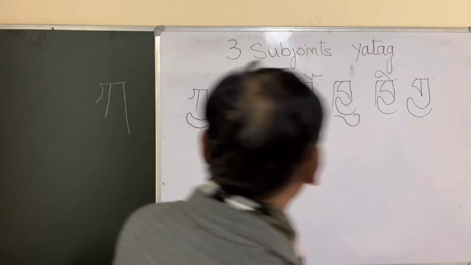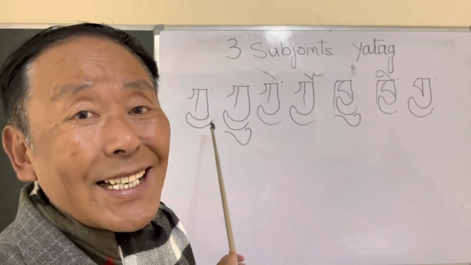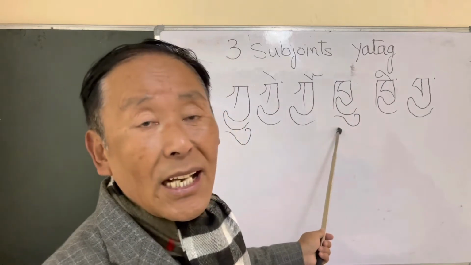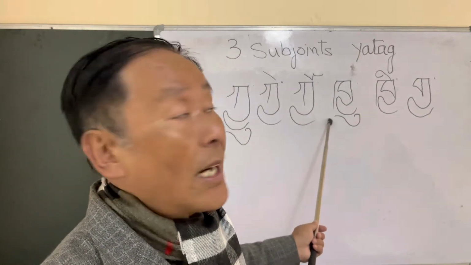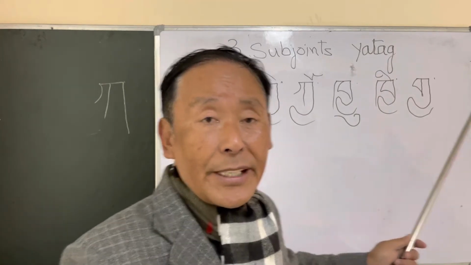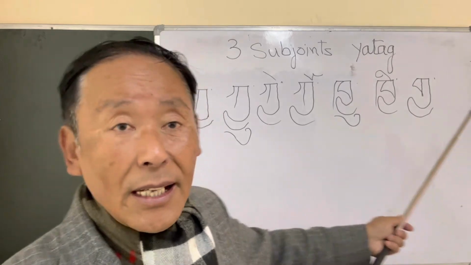So, ka yatak kya, ga yatak gya. The difference is kya, kya, gya.